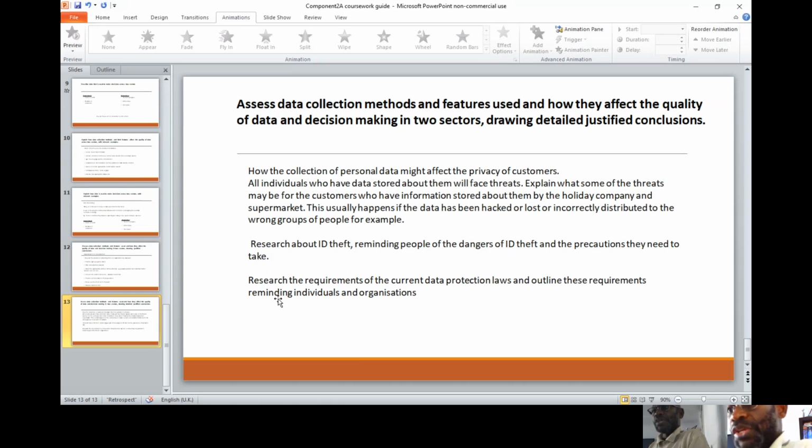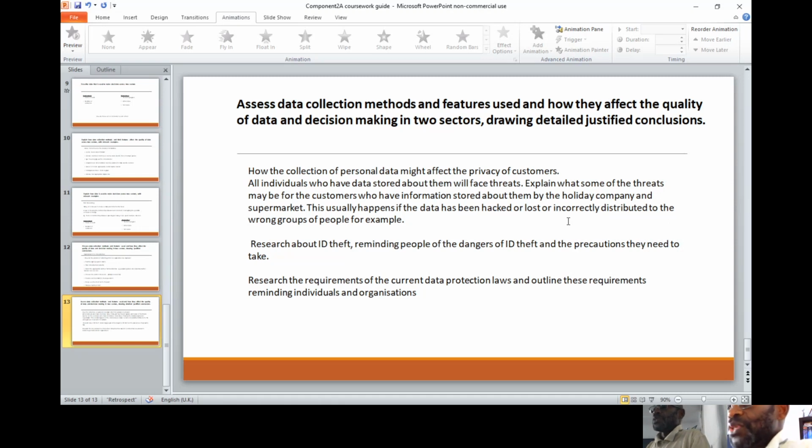So in your assessment, you have to mention how the collection of personal data might affect the privacy of the customer. We know that all individuals who have data stored about them will face some threat. You need to explain what some of these threats may be for customers who have information stored about them.